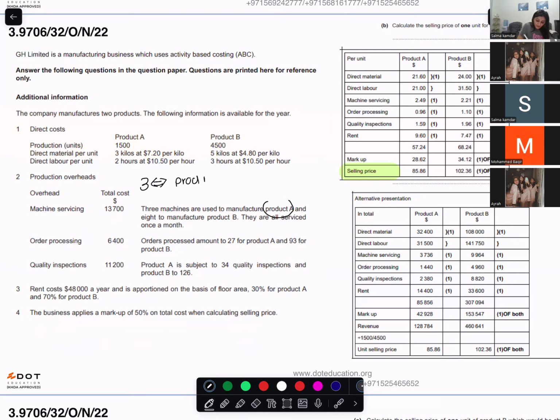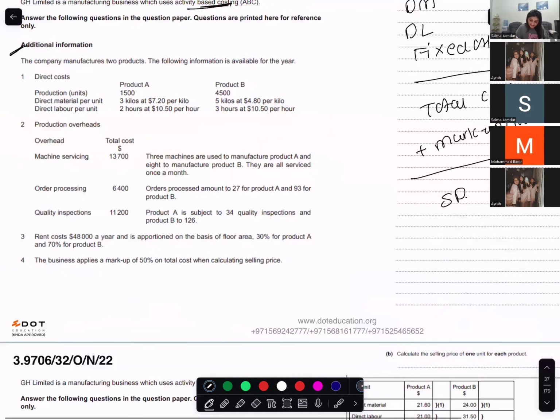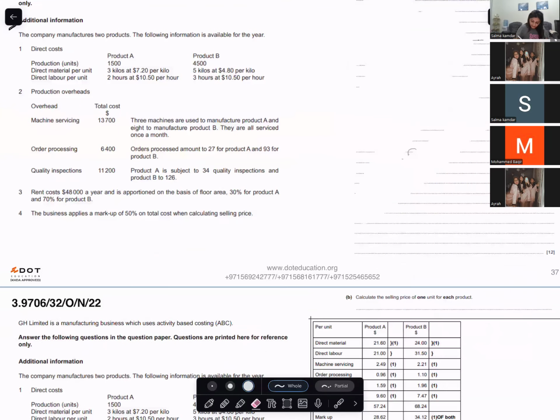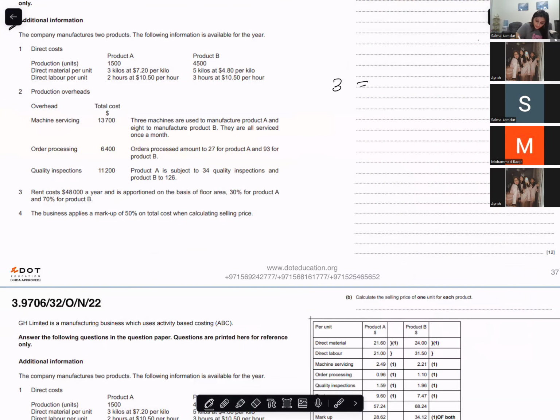So 3 is used for product A and 8 is used for product B.